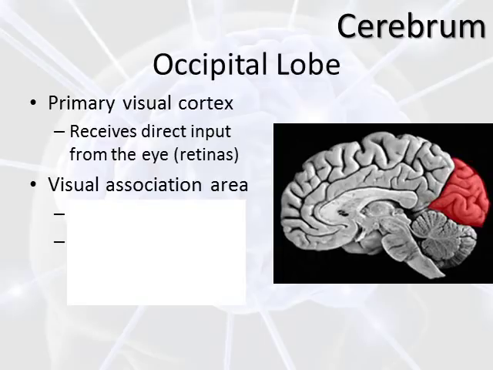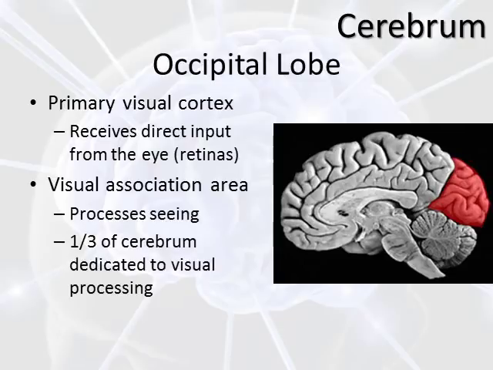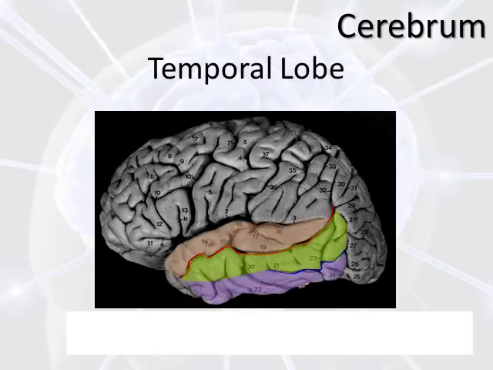We also have another area of the occipital lobe called the visual association area, and this is where vision is processed. About 1/3 of the cerebrum is dedicated to processing visual signals. So obviously that's a lot of sensory information coming from the eyes if a whole third of the cerebrum is dedicated to processing visual information.